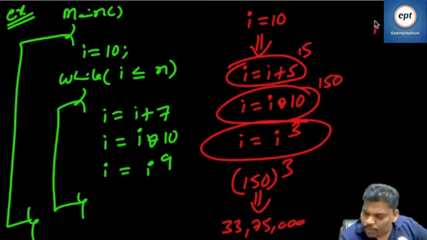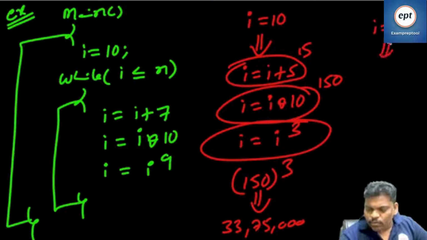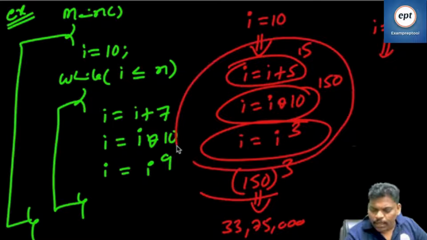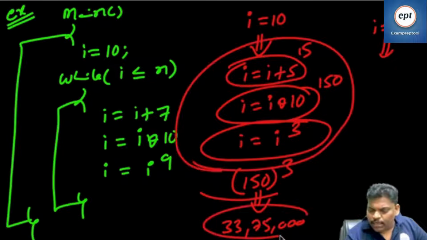So if I is equal to 10 and I do all of them combined, I get approximately 33 lakh 75,000.